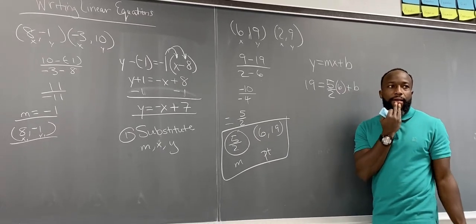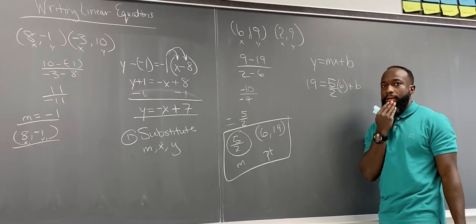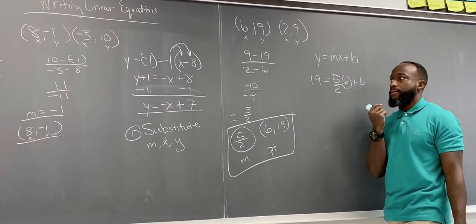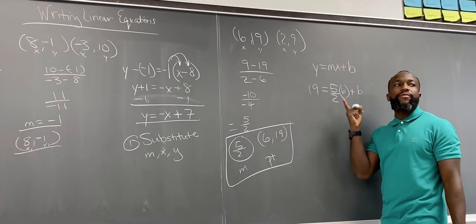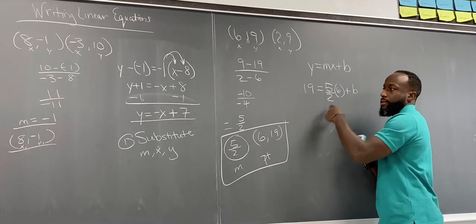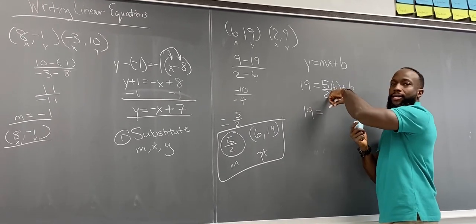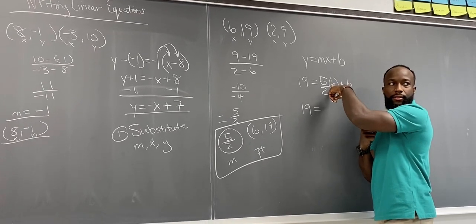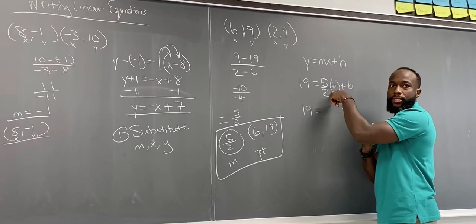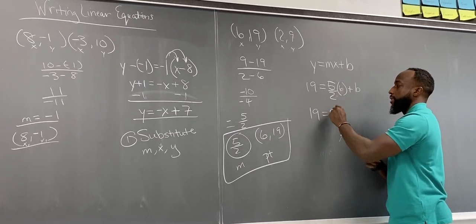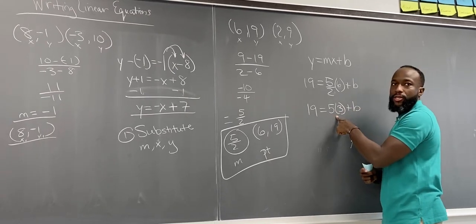What do we got to do now? Distribute. 6 divided by 2 is 3, so 5 times 3 plus b. 5 times 3 is 15.